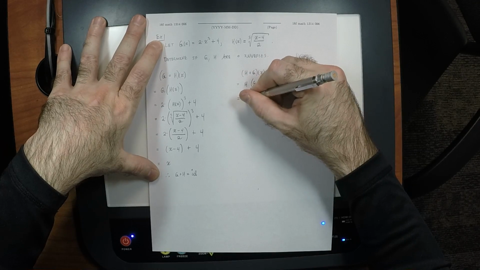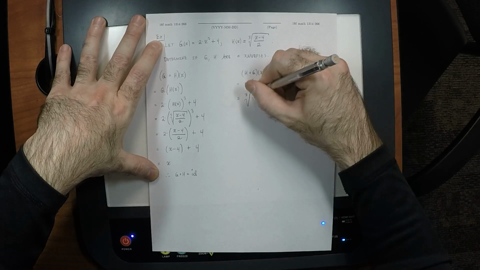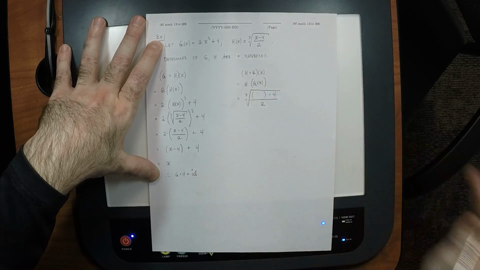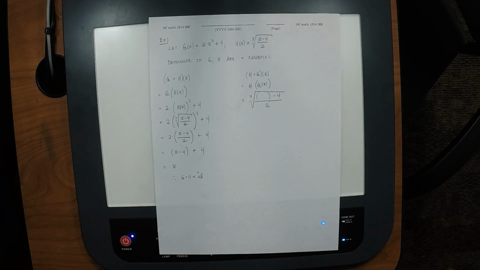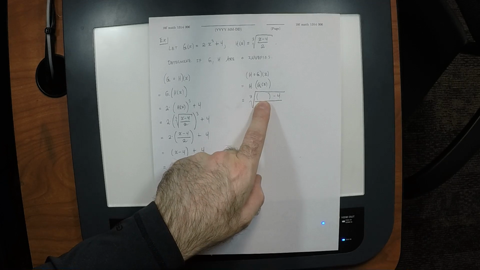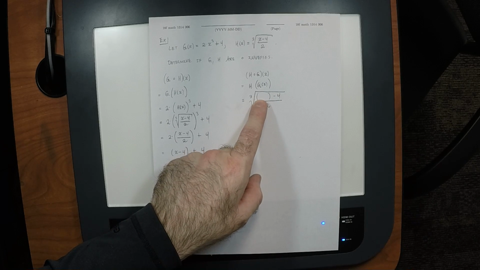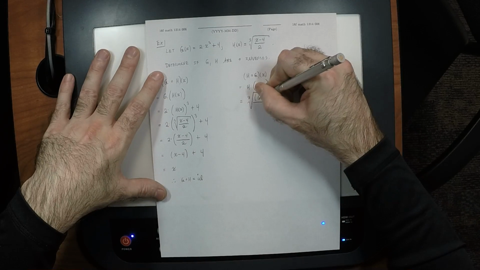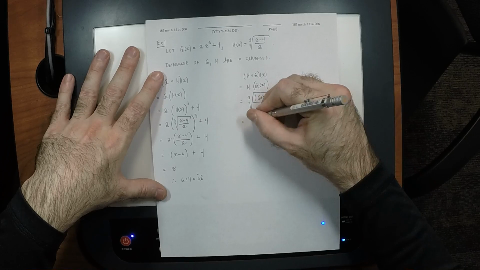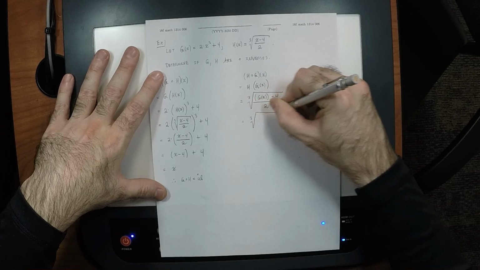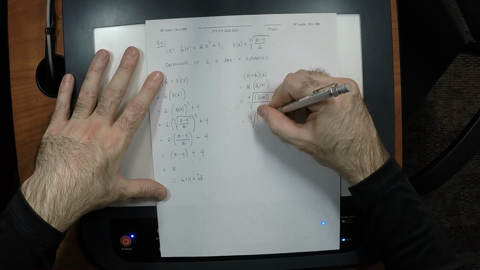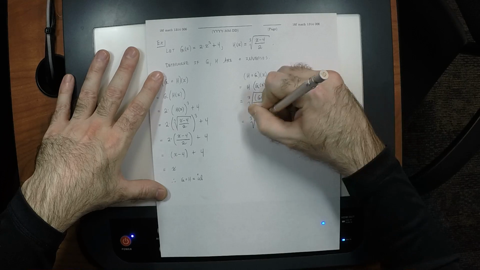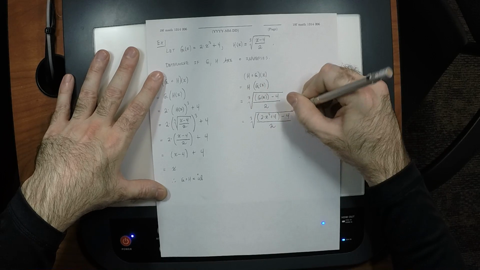So H's formula is kind of like this. I wrote down just what H does. And then what do I need to write in that slot there? Just G, right? So G of x. So that'd be cube root of 2x cubed plus 4, subtract 4, divide by 2, like that.